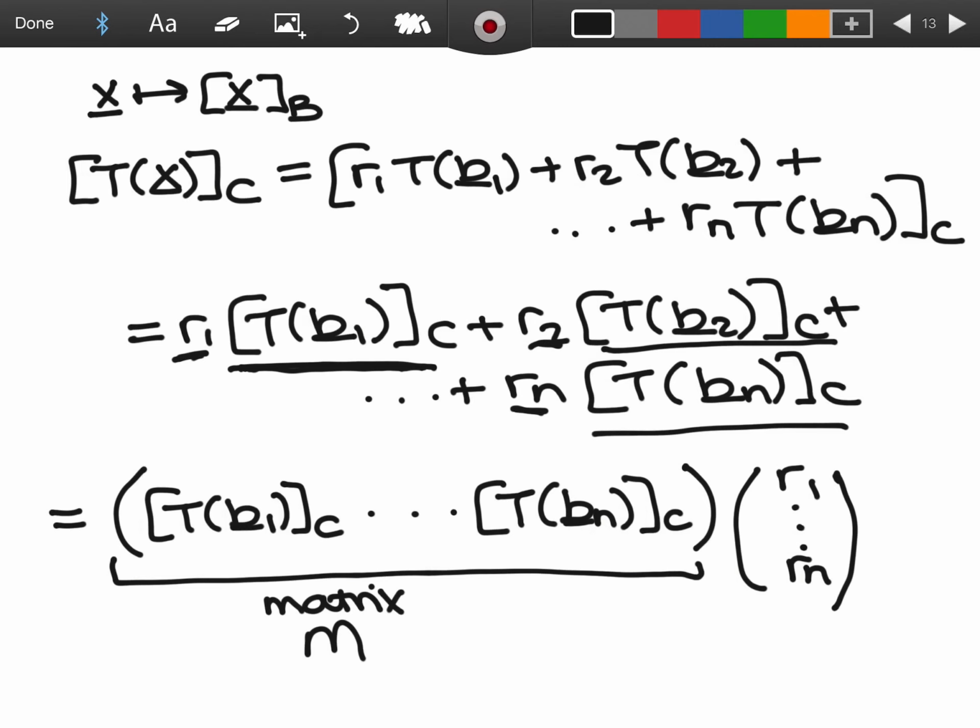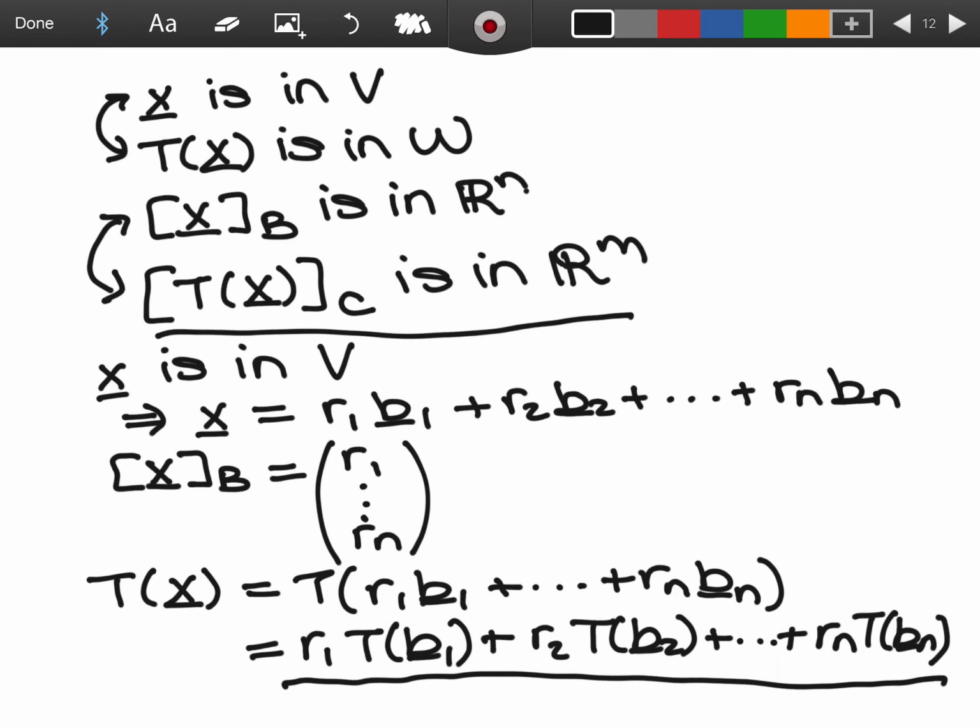If you do that, you will always get an entry from T of B1 with respect to C multiplying R1, every entry from T of B2 with respect to C multiplying R2, etc. So you come out with the equation we have up here, but now in matrix form. As I said, I'm going to call that matrix M, and this vector over here, from what we did on the previous slide, is just my x vector in B coordinates. So this is just x with respect to B.